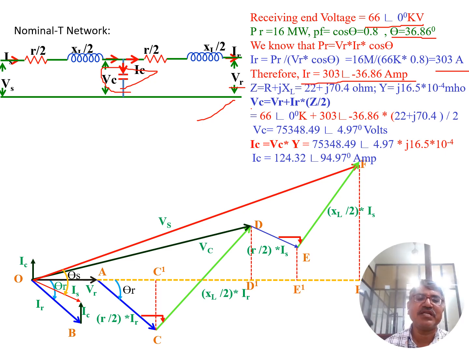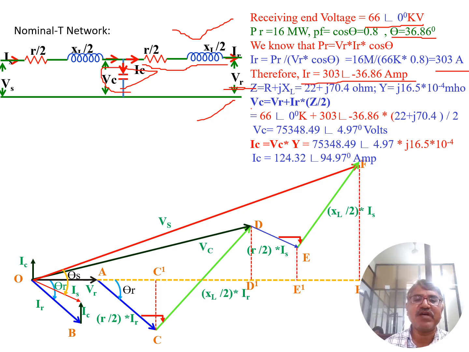సో VC is equal to VR plus voltage drop across this impedance, that impedance is equal to Z by 2. Therefore that is VC is represented as VR plus IR. ఇందులో ఇక్కడ ఫ్లో అయ్యే కరెంట్ ఒకసారి అబ్జర్వ్ చేయండి, this side flow of current is IR. That's why voltage drop across this impedance is equal to IR into Z. That's all. So that's why VC is equal to VR plus IR into Z by 2.